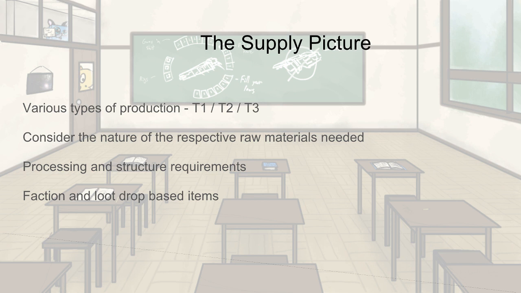So Tier 1, think of Tier 1 as needing just raw materials to create, for example, a frigate. So when you're building frigates, that's Tech 1 production. When you're building Tech 1 propulsion modules, that's Tech 1 production. Right?